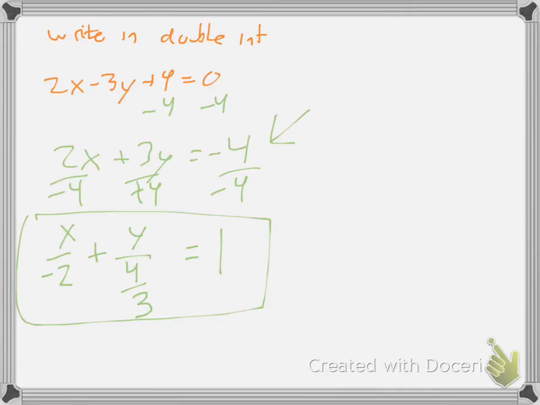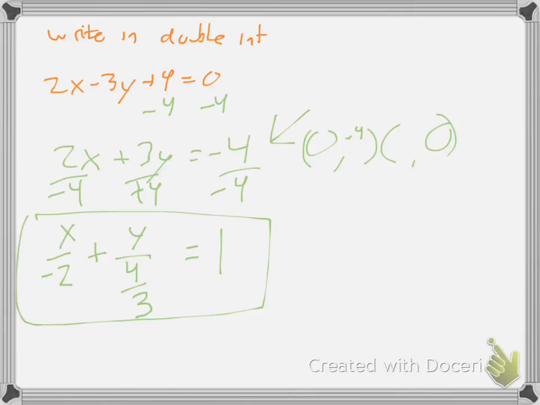Now, if you don't believe me, okay, go back to this line here, which is in standard form before we divided by 4, right? Use the cover-up. You guys remember cover-up? Yeah. If I put a 0 in for x, and I cover that up, y is equal to negative 4 divided by 3. Is that a 3? Yeah, that is a 3.